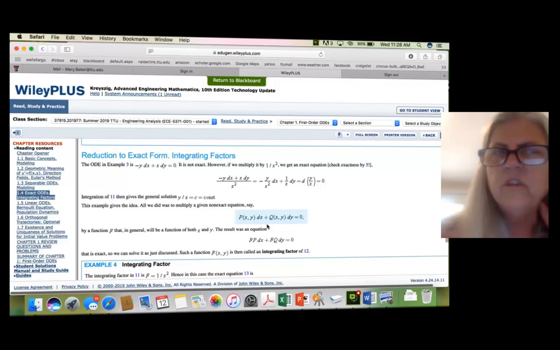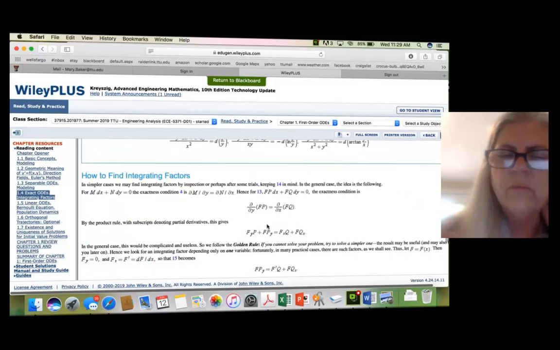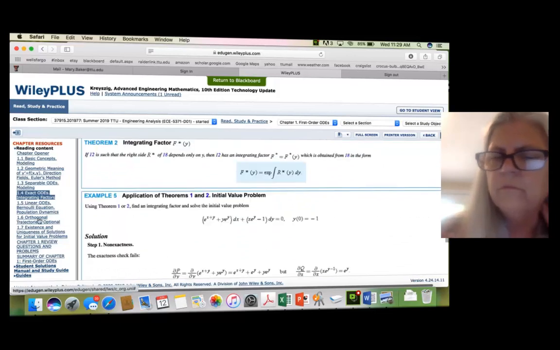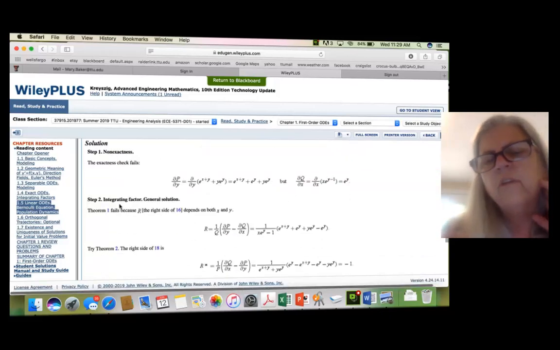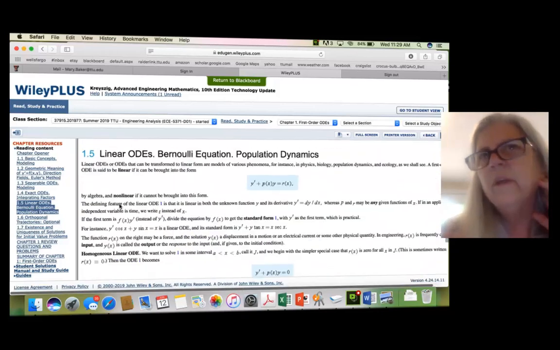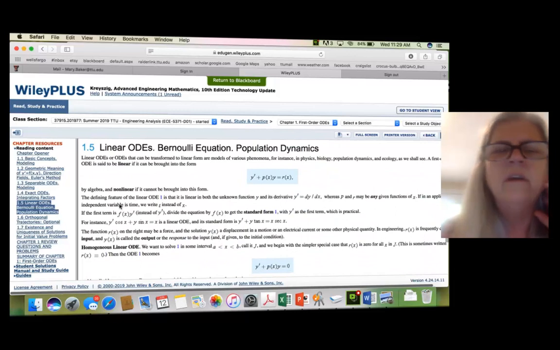Now, I linked you to some notes that I think are slightly better than what's in your textbook, so if you are having issues understanding what the textbook is doing in its discussion of finding an integrating factor, then I highly recommend you look at that little link that I put in the Blackboard site.